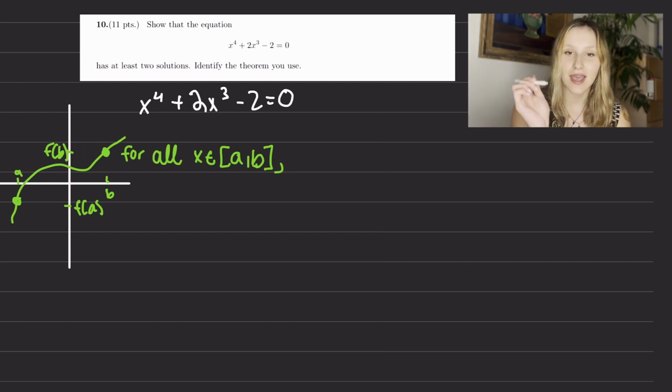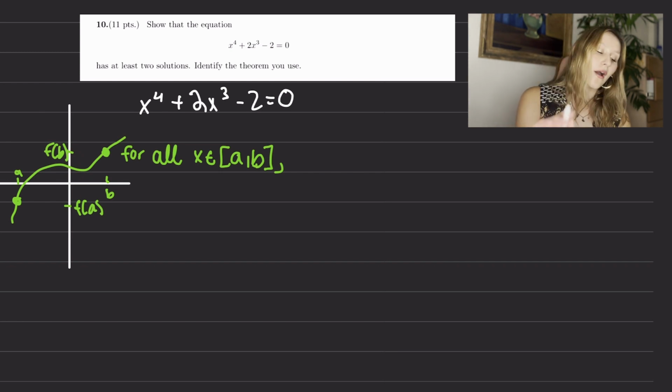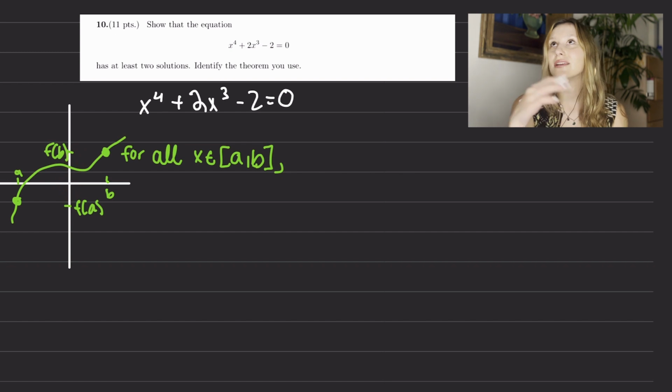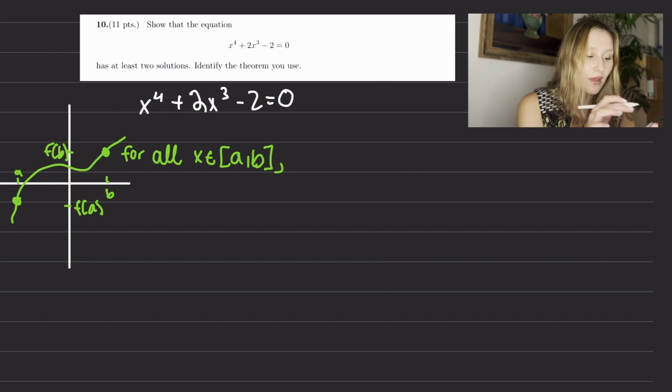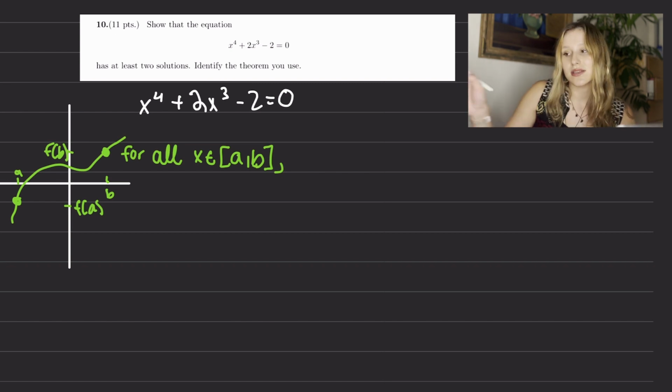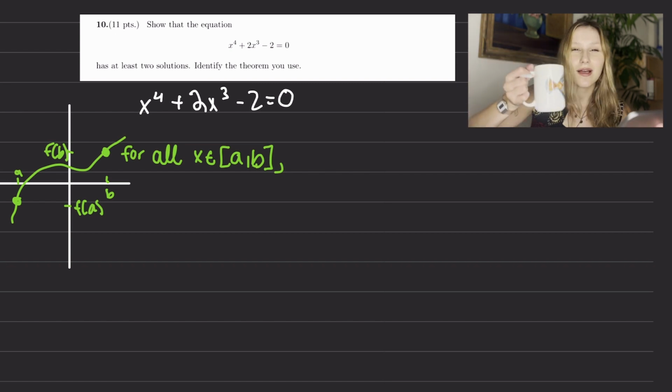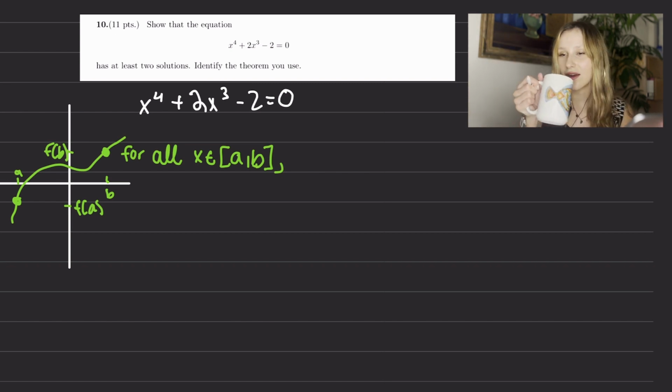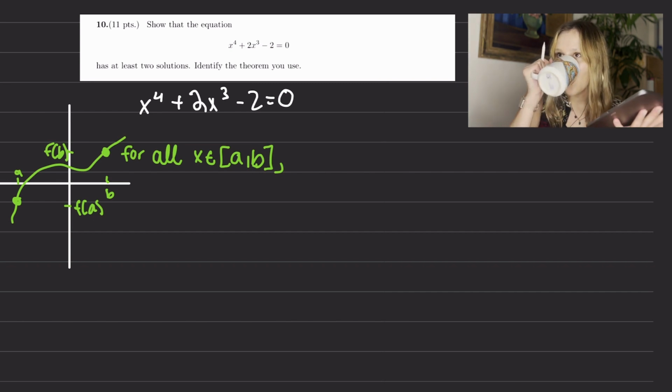The function has to hit every y value in between, the infinite amount of values in between there. For some x or another, it has to be part of it.